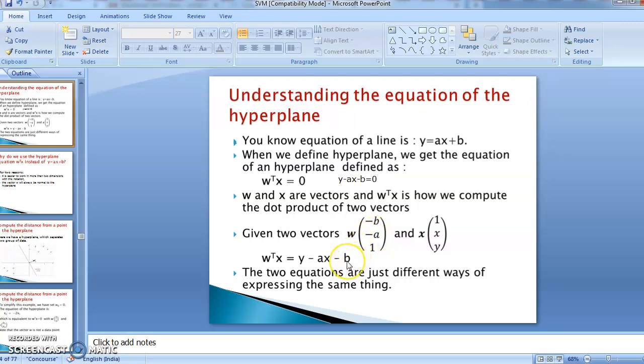And what is the coefficient for the bias input? That is −b. So these are the coefficients for w. And for x, we have to find the values of x and y, so we have unknown x, unknown y, and the bias input, which is always 1. That is why we have added this point.